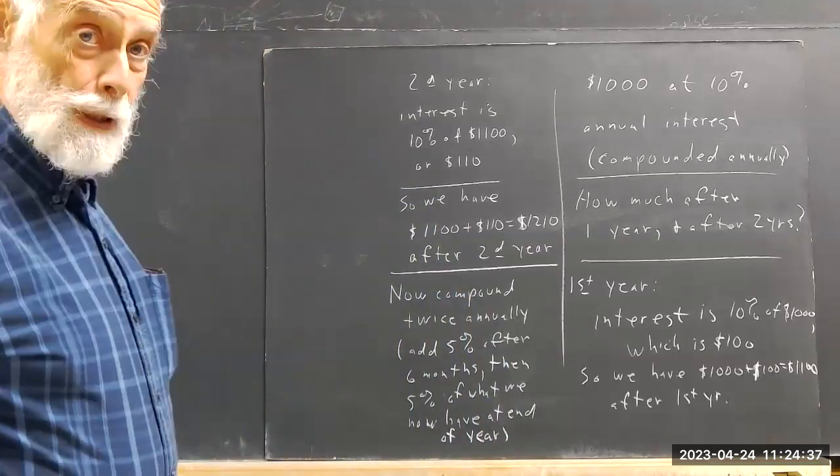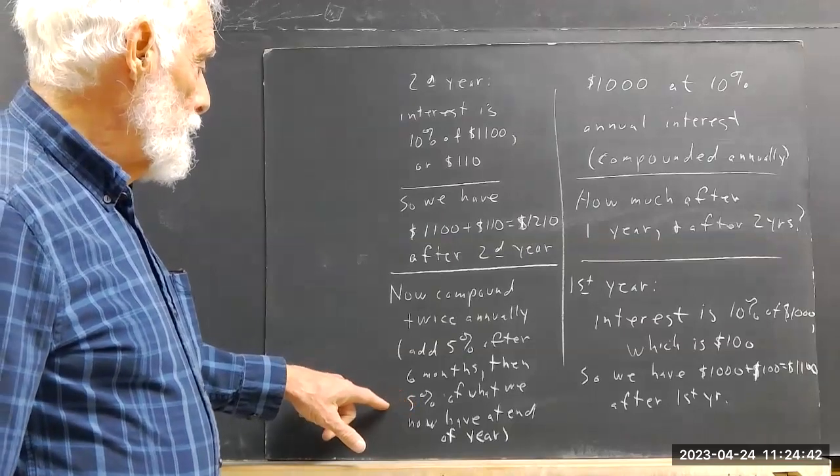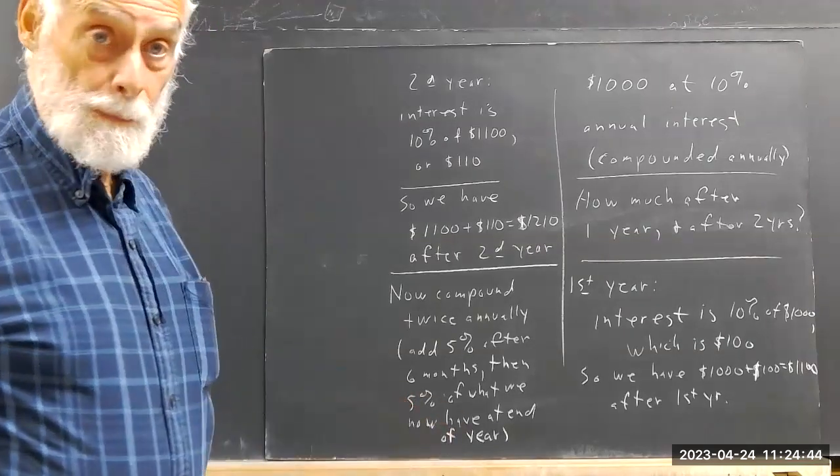I just wrote down what I said: we had 5%, then again 5% of what we now have at the end of the year.